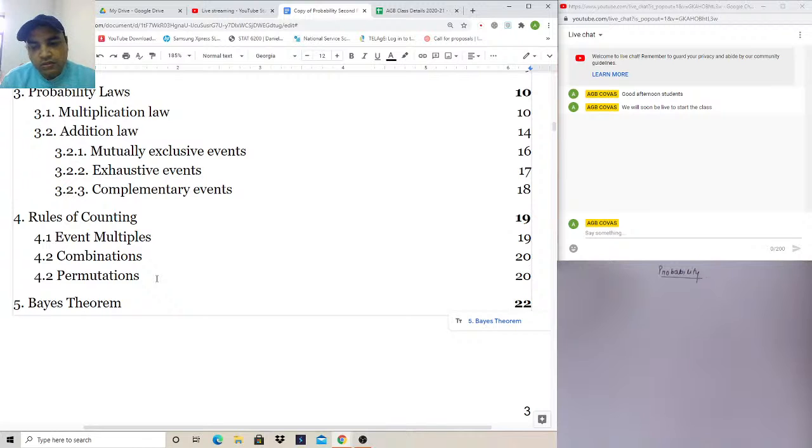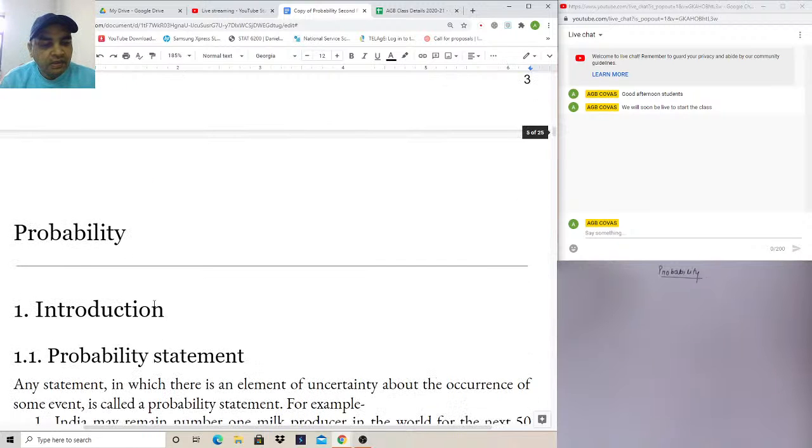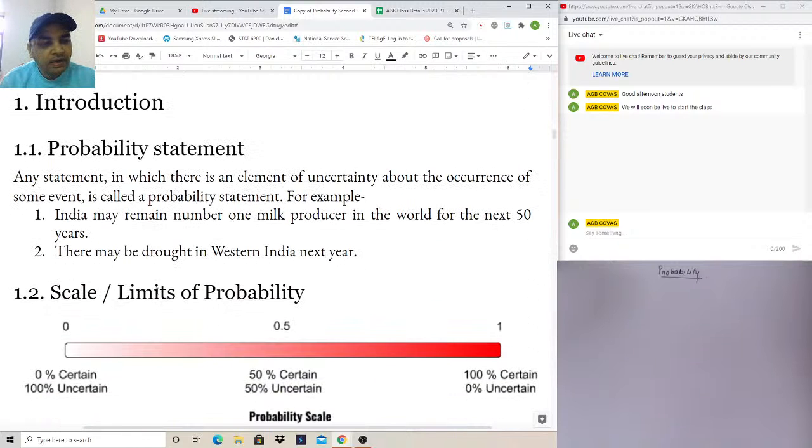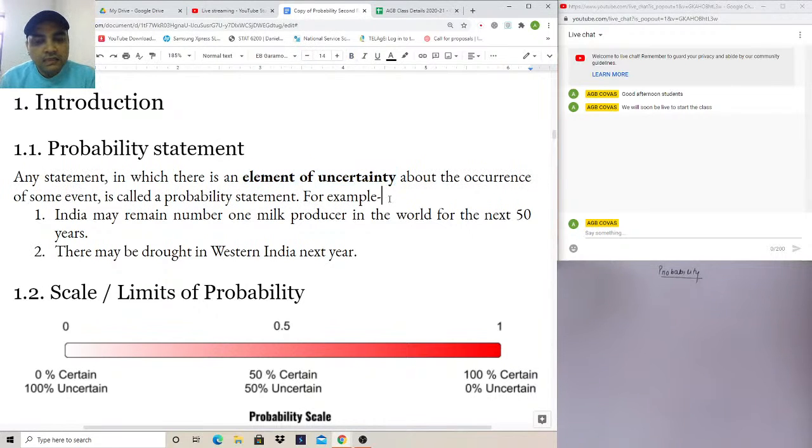So, starting with probability, a probability statement is any statement in which there is an element of uncertainty. Basically, an uncertainty about the occurrence of some event is called a probability statement.